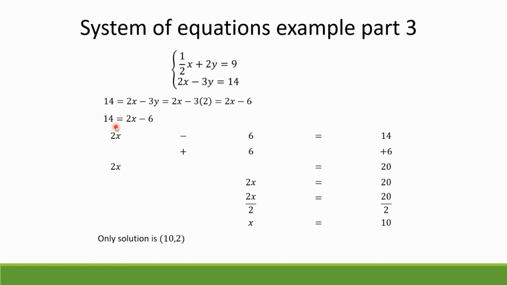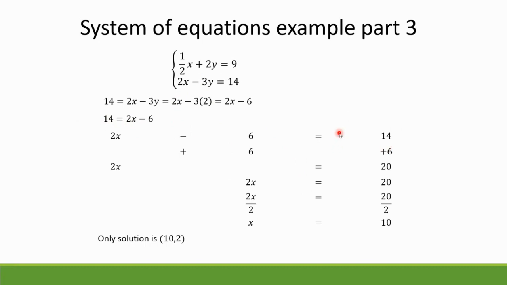So we solve for x. So we have 2x minus 6 equals 14. I interchange both sides of the equation. Okay, we add 6 to both. Again, we want to solve for x, right?